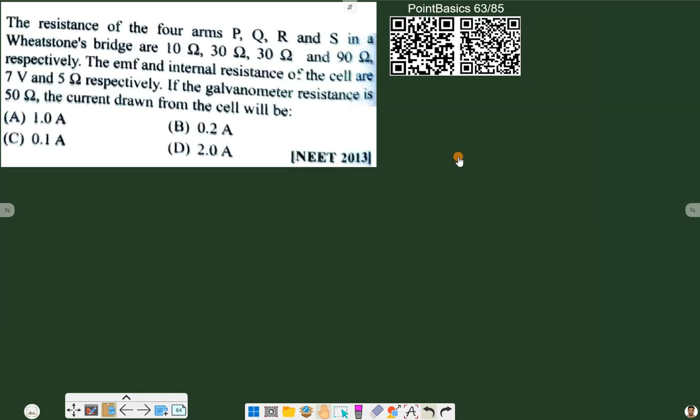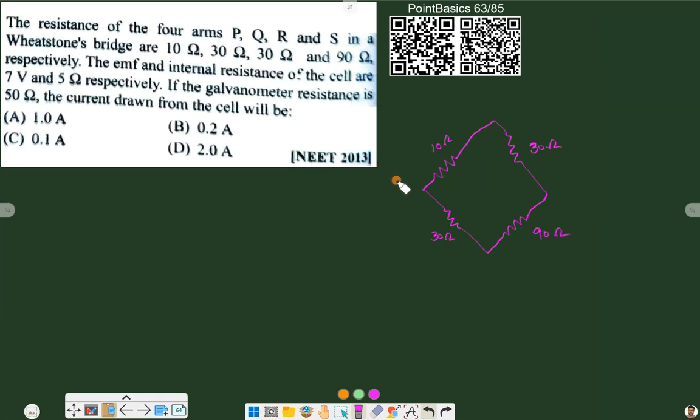So let's first draw the diagram. We have four arms. One arm has 10 ohm, the second has 30 ohm, the third has 30, and the fourth has 90 ohm.